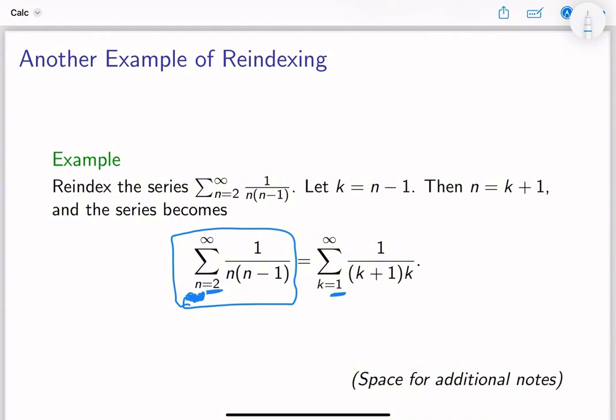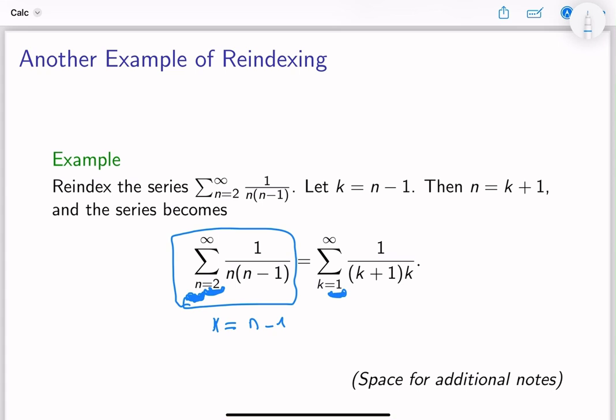So we want to introduce a new indexing that starts at 1. So let's call that indexing k, right? So what can I take k to be so that when n is 2, k is 1? Well, one obvious way of doing that is to take n minus 1.